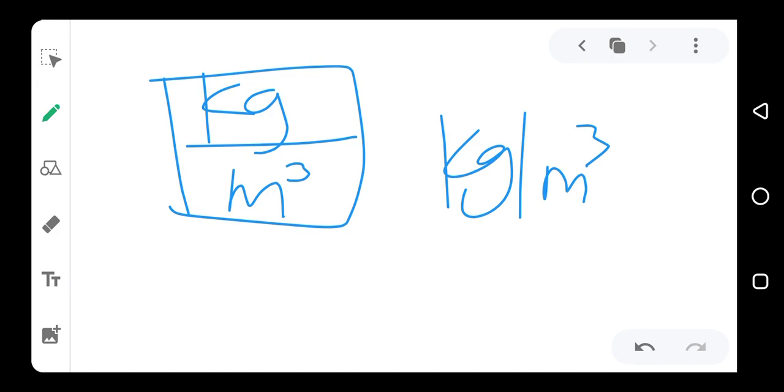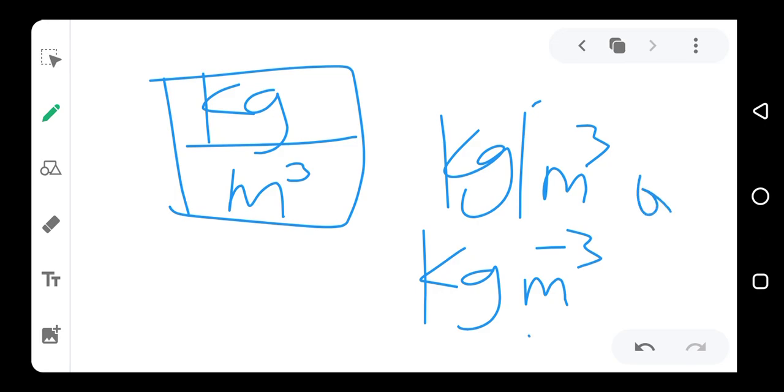You can also write this as kg m to the power minus 3, then you will remove this division sign. You can write it this way or this. So any of these is allowed. So this is it about the unit of density. So with this, if you are given the mass of an object and the volume of the object, you can calculate the density of the substance.